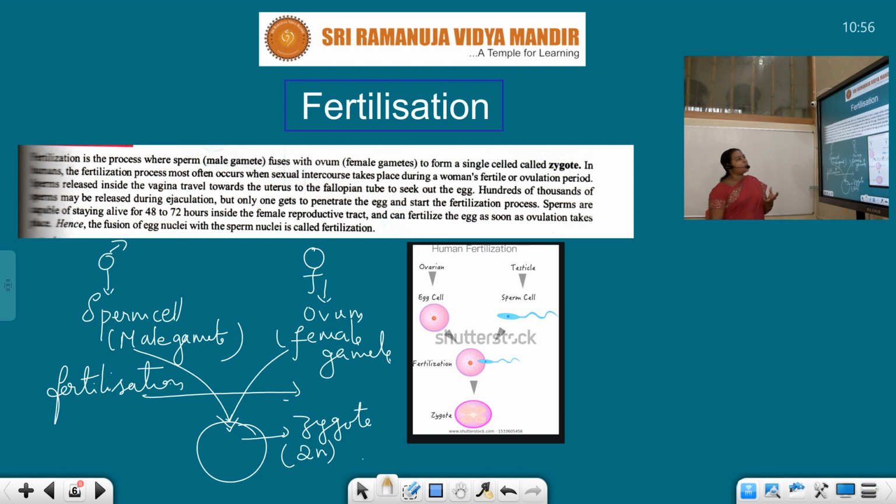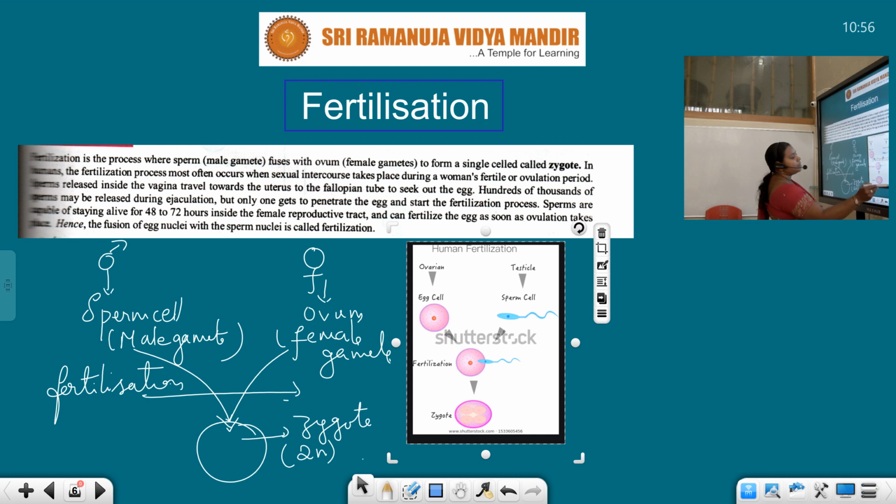Hundreds of thousands of sperm cells may enter by the process of ejaculation, but only one penetrates the egg and starts the fertilization process. Sperms are capable of staying alive nearly 48 to 72 hours inside the female reproductive system, and can fertilize the egg as soon as ovulation takes place. Hence the fusion of egg nucleus with the sperm nucleus is called fertilization.